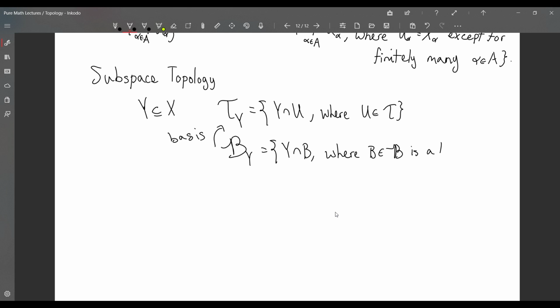Take a basis element for tau, or T, on X, right?